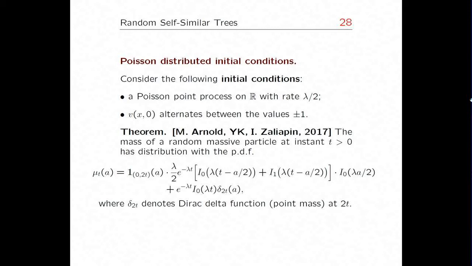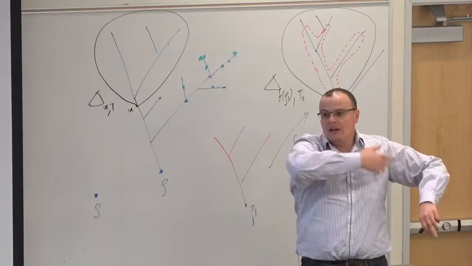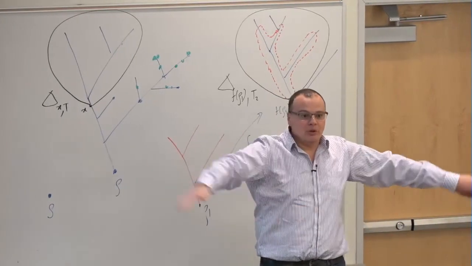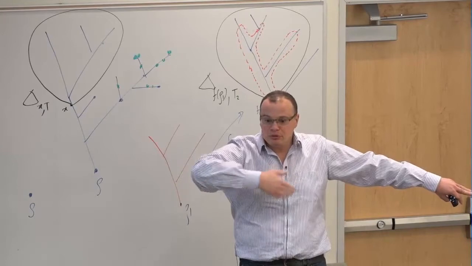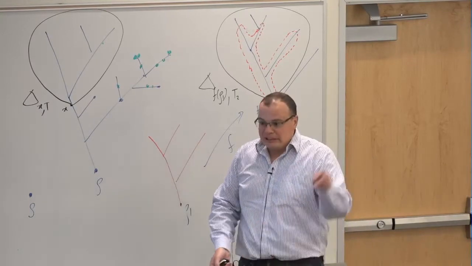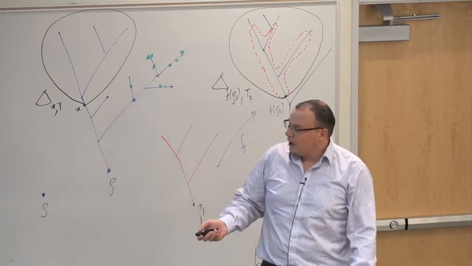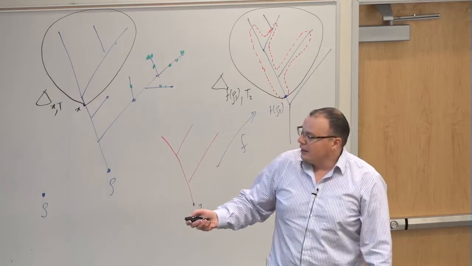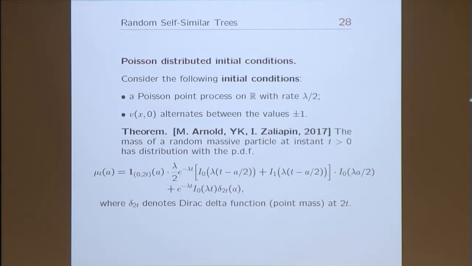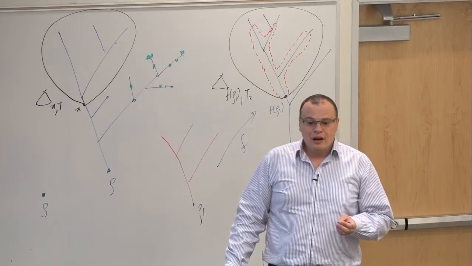If we don't start with just an excursion, but start placing points according to a Poisson point process from left to right, then of course it will consist of these mini excursions. So we have the description of the dynamics of massive particles.